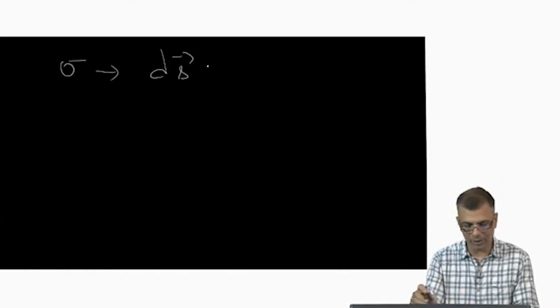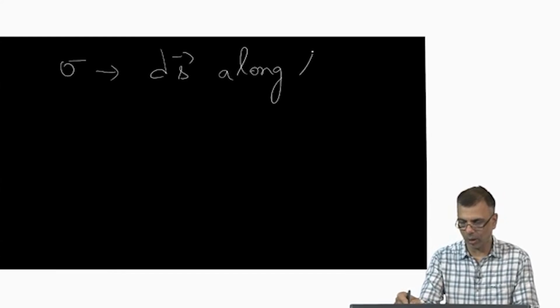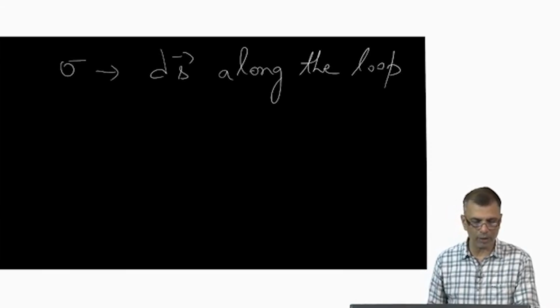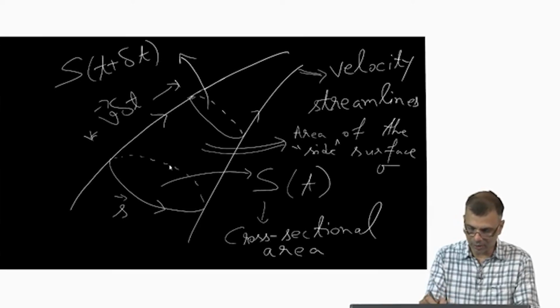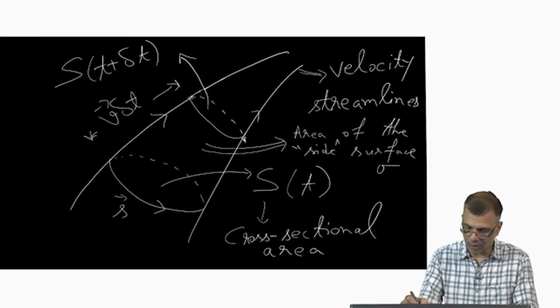Sigma comprises length element along the loop. I will go back to the figure in a minute and show you what I mean. It comprises this, and of course this.